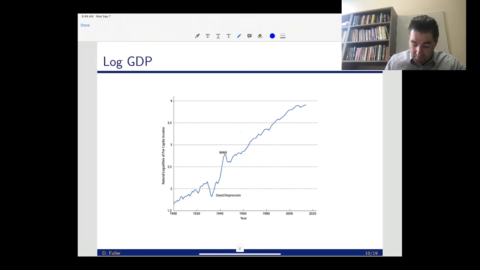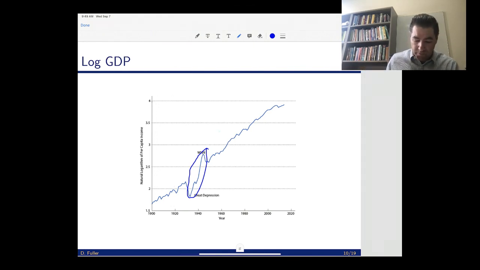We notice that the growth rate of real GDP was very high coming out of the Great Depression through World War II, and then we've had assorted ups and downs over time. But that's a classic way that macroeconomists work with data, to use the natural logarithm, and then we get a very easy sense of the growth rate just by looking at consecutive numbers.